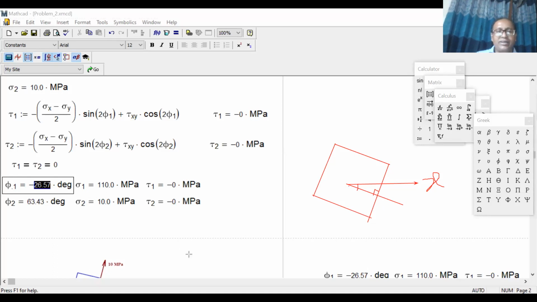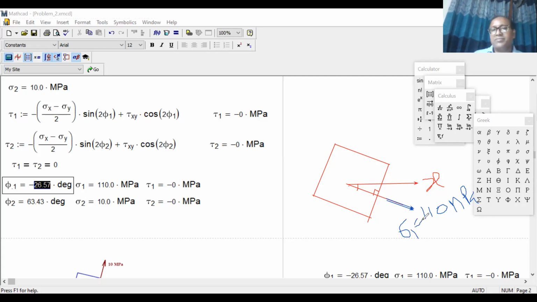Sigma 1 is 110, right? So sigma 1, right over here, it will be 110. So you just write it down. Say this is my 110. You put the unit, 110 megapascal. Then you say this is sigma 1. Okay.